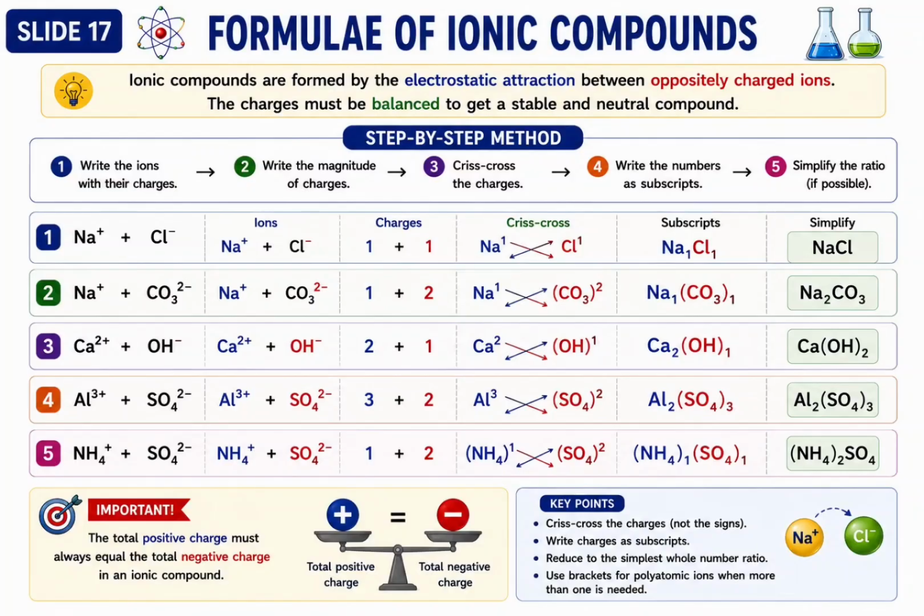So the formula becomes Na2CO3. Calcium hydroxide: Ca(OH)2, because one calcium ion needs 2 hydroxide ions. So whenever you write a chemical formula, ask yourself, are the charges balanced? If yes, you are on the right track.